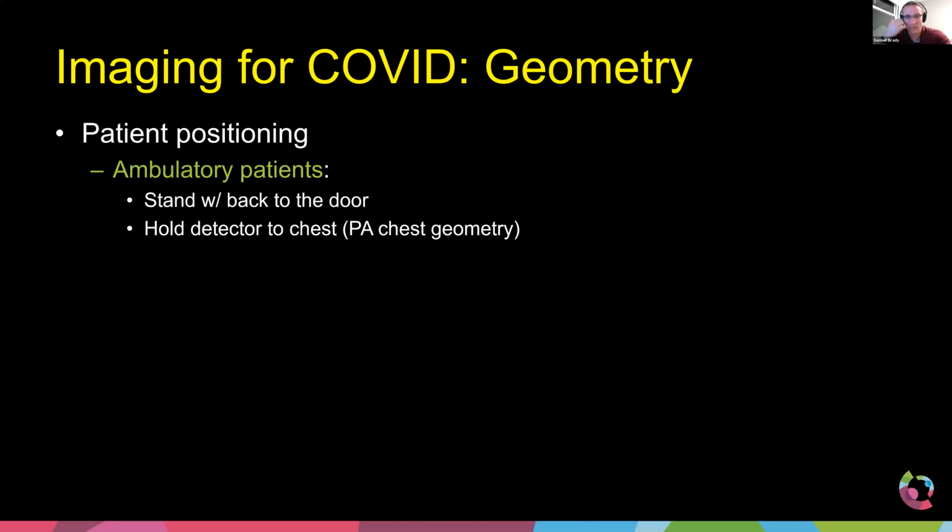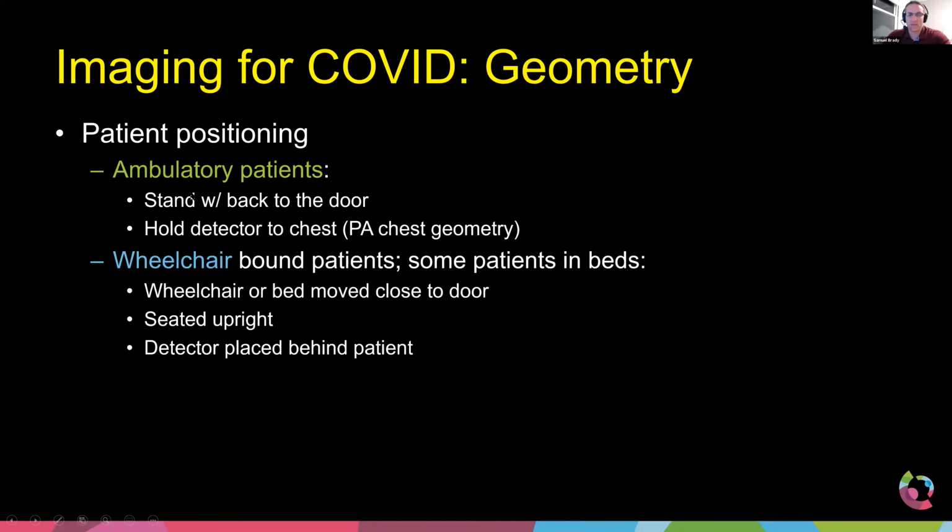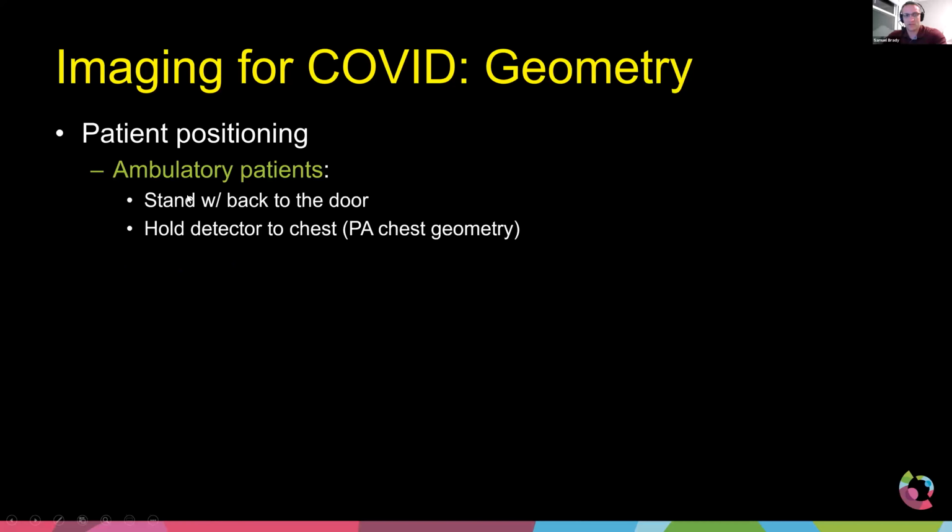So let's talk about the patients for a moment. How can we image them if they are ambulatory? They can get up, they can move around, and obviously that means they're not intubated, and that means we can most likely talk to them. So we're going to have them stand up. Sorry, it's rolling the wrong direction.